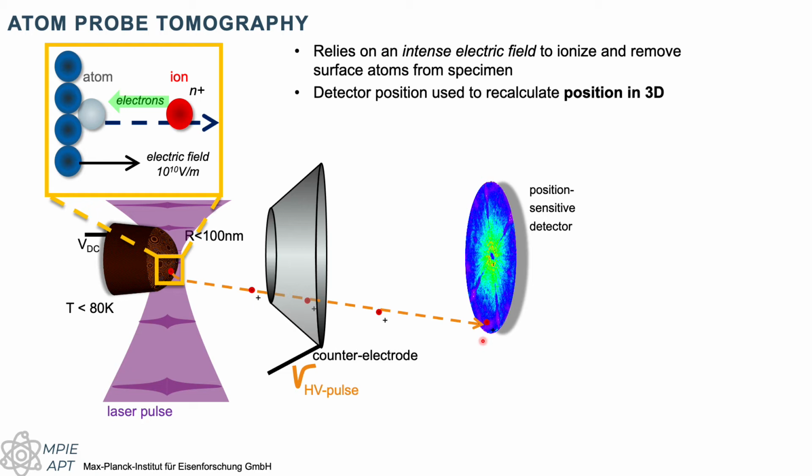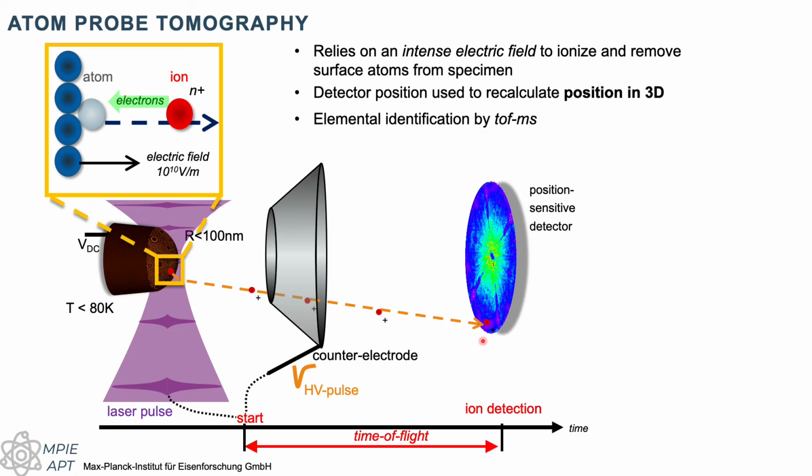Typically, we can operate the machine in two modes. Either we apply DC voltage and high voltage pulses, or we can replace the high voltage pulses by laser pulses, tightly focused onto the apex of the needle, or near the apex of the needle. And why do we do this? Because then we can control the time when the ions form and start their flight.